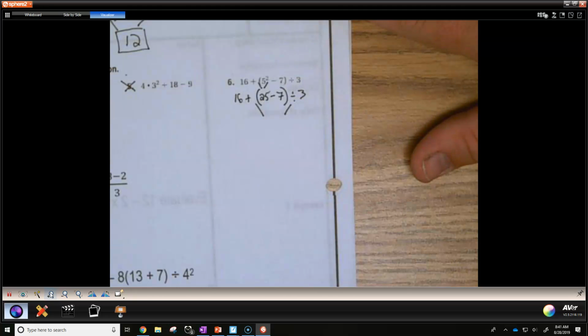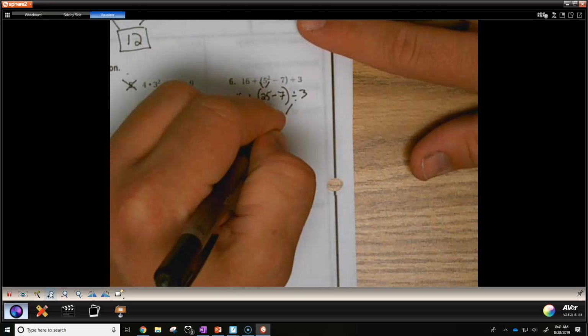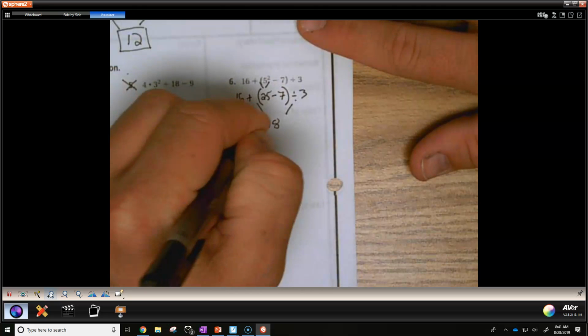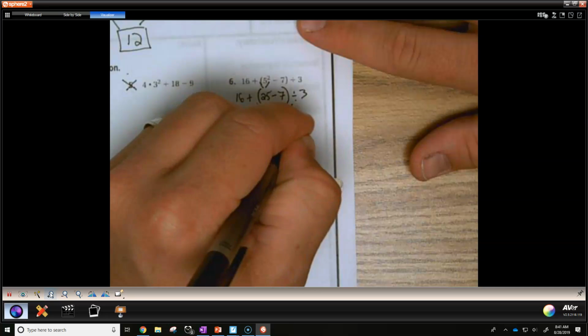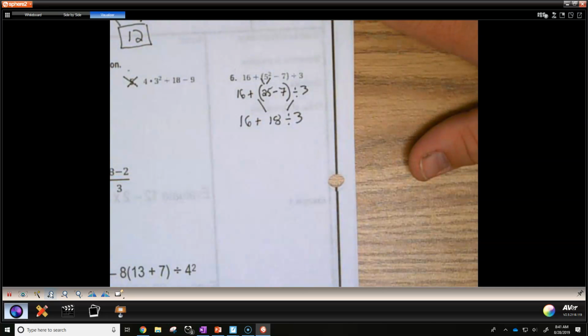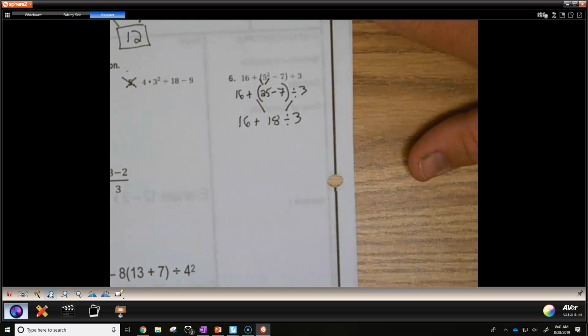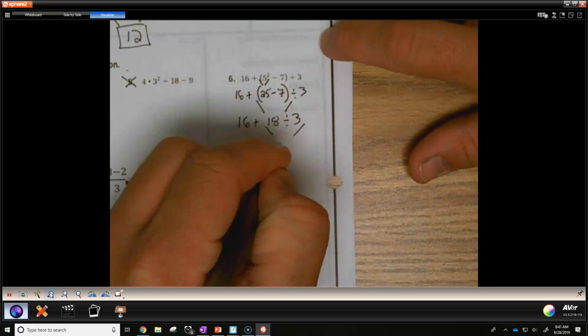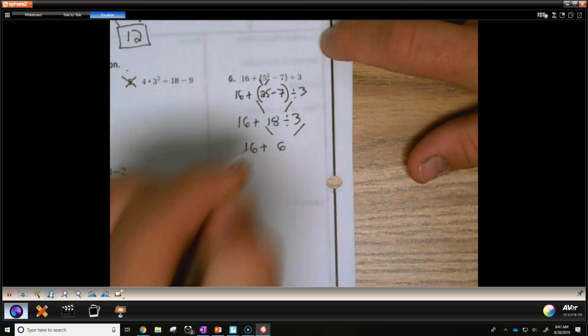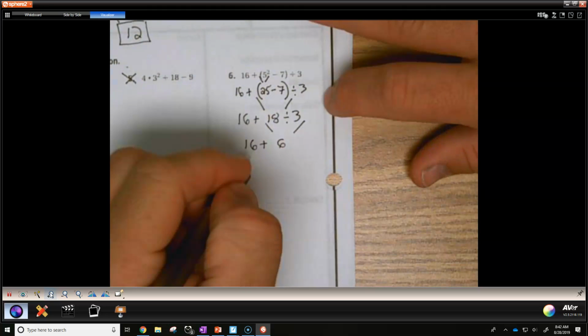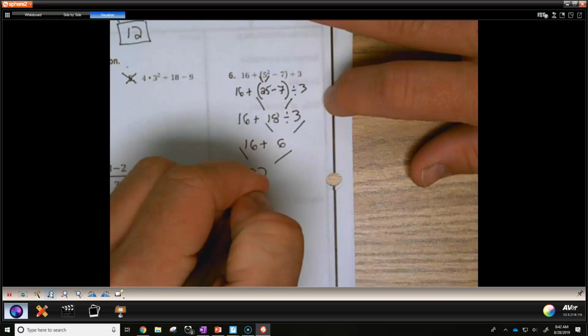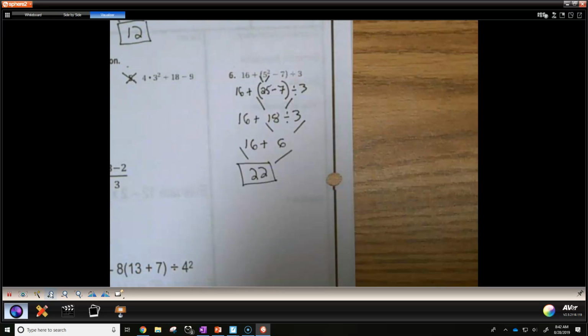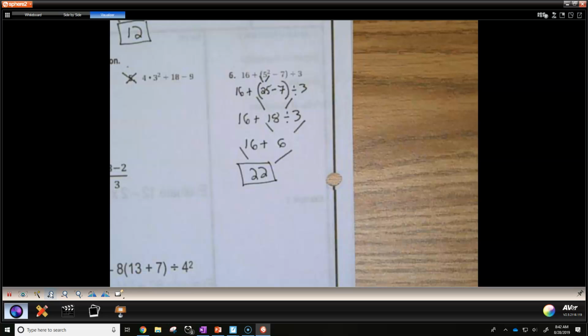So I do parentheses 25 minus 7 is 18. Okay. And then you have to do the 18 divided by 3, which is 6. And then 16 plus 6 is 3. Alright, great job.